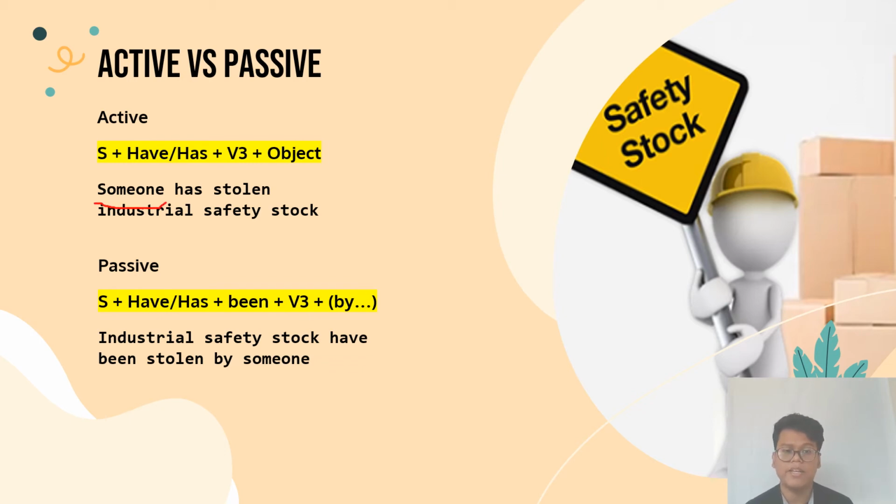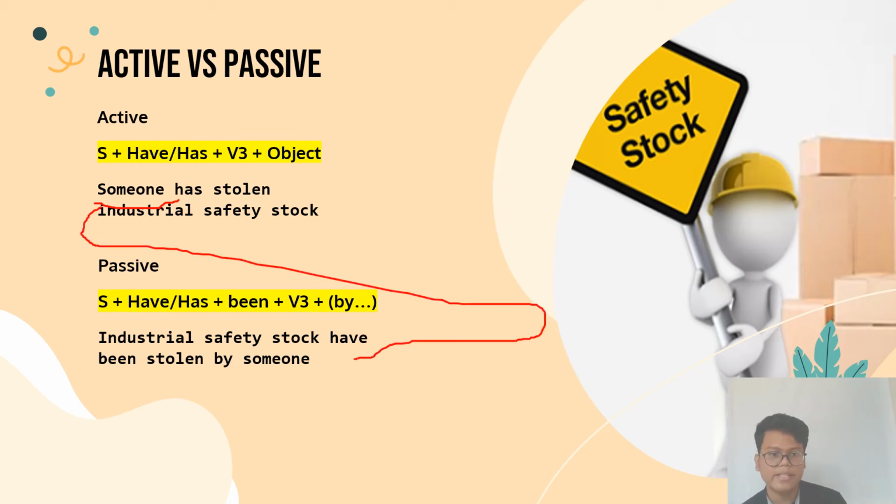Someone in the active voice is the subject. In passive voice, we move it to the back of the sentence with "by someone," and industrial safety stock in the active voice is the object, and we must change it to the subject in passive voice.